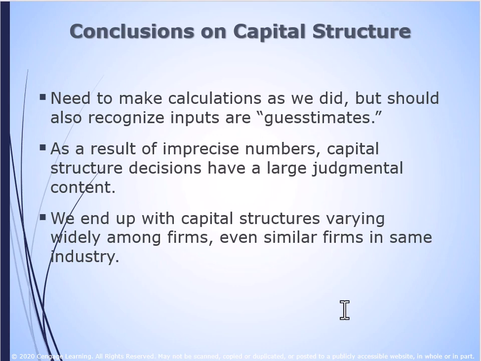Since it's based on the market value of stocks and bonds, it is constantly changing throughout the day. So getting very precise numbers is very difficult to do. So in the end, we end up with capital structures that can change fairly widely. We know or can understand what our industry does.